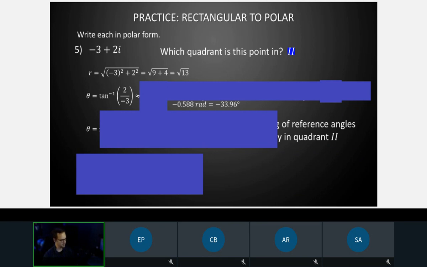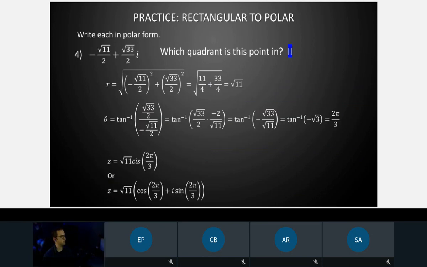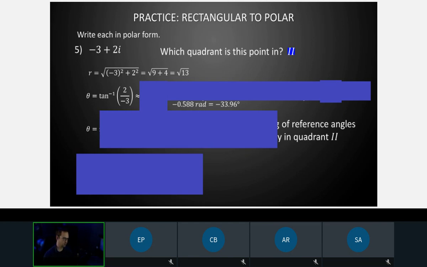With the earlier ones, if you simplify, you can use your unit circle, but this one in particular you can't. It's inverse tan of 2/3, which is not on your unit circle. So you type it in and you get a decimal: negative 0.588.